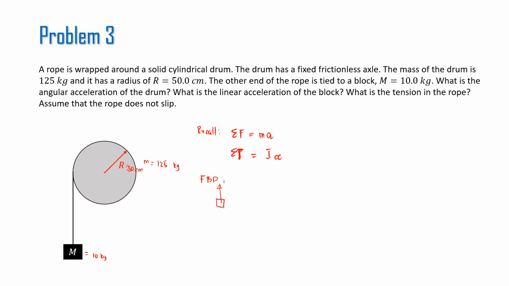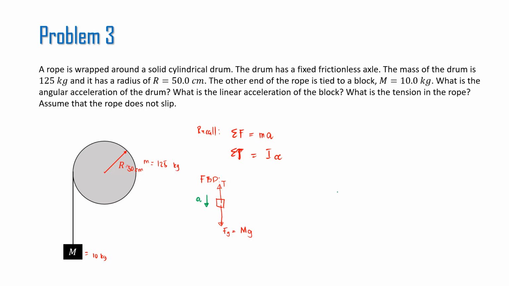The first one is tension, and the second one is the gravitational force, F sub g, which is equal to the mass of the block multiplied by the acceleration due to gravity. Now take note that for this case, the acceleration is downwards. So this is the direction of acceleration.